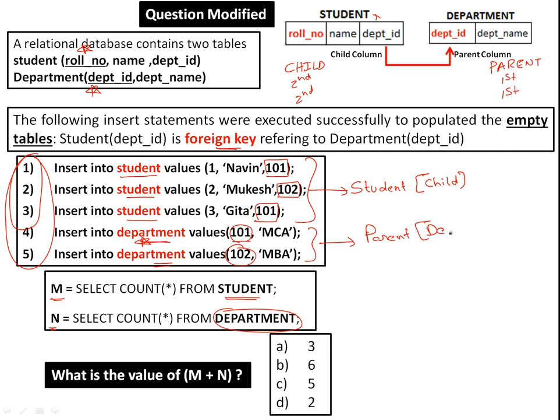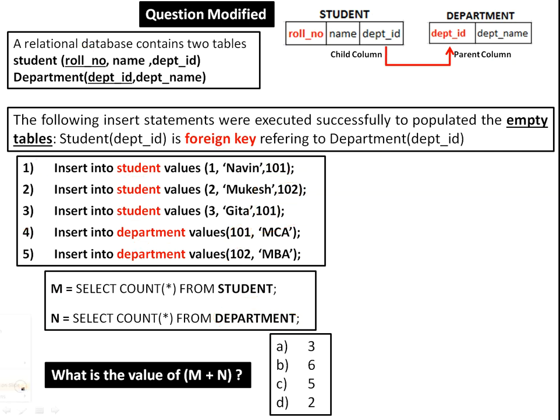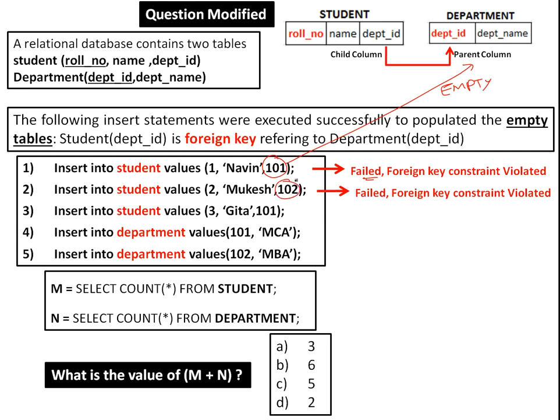Guys, if you observe here, parent data is to be inserted first, then child data. But here I try to insert child data first with no parents. So this will fail because no parent exists, because this table is empty. This also fails, no parent. If it is null, it's okay. Instead of department number, if you give null, it will be inserted. But here you give a department, so it also fails.